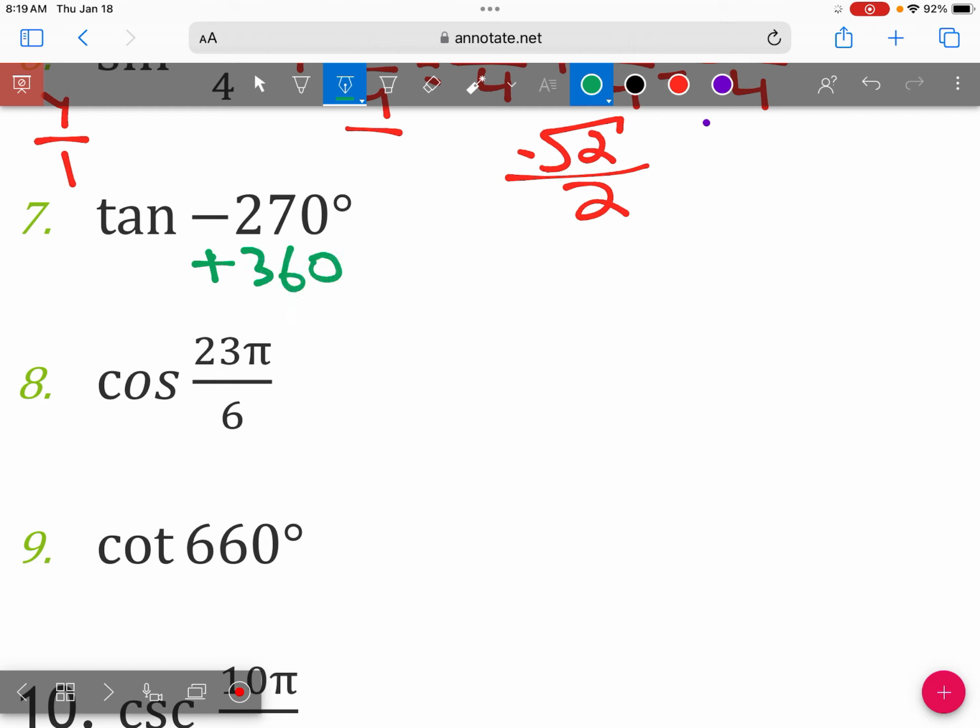But addition is commutative, so we can play with the order. The way I like to think about it for problems like this is just 360 minus 270, and that's easy enough for subtraction. That's going to give us 90 degrees.